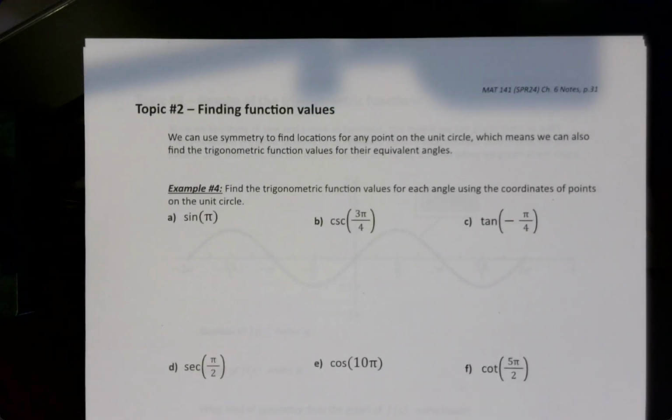All right. Topic 2, we're going to find some function values. So we know that we can use symmetry to find locations for any point in the unit circle, which also means we can find the trigonometric function values for their equivalent angles, as we were noting on the previous page.